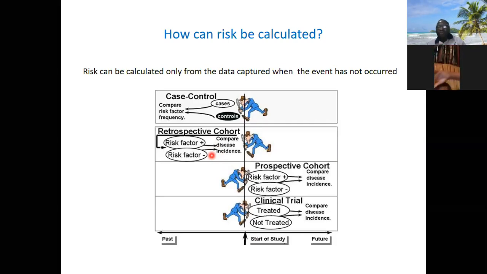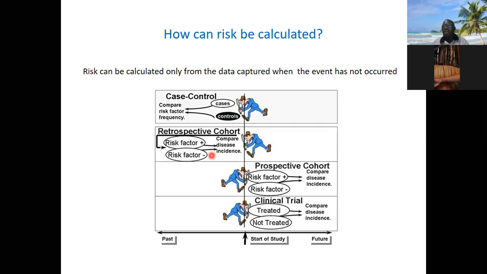So let's move forward. When we move forward, look at the future. Now you can only say, these people have this risk, these people are smoking, these people are not smoking, or these people are using OCP, these people are not using OCP. Now you are concerned about how the risk will lead to disease in future, the outcome.